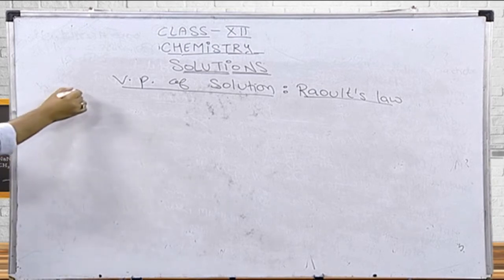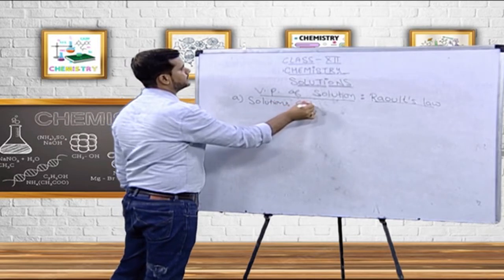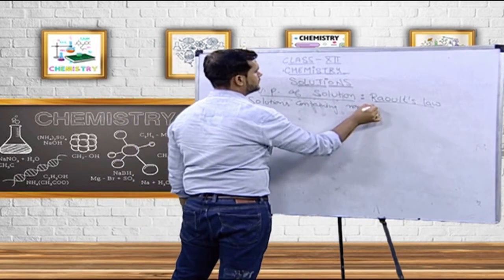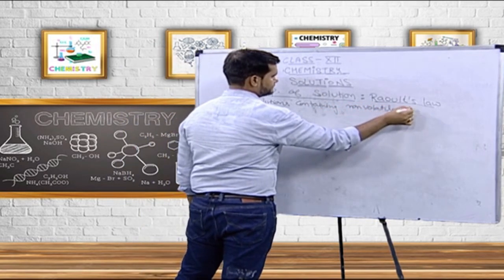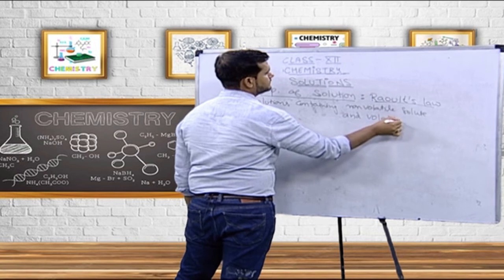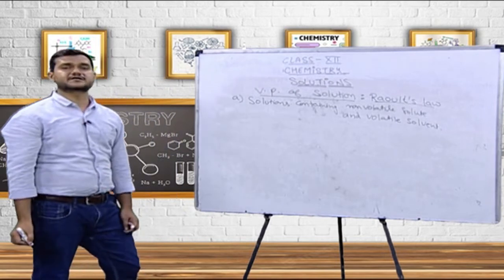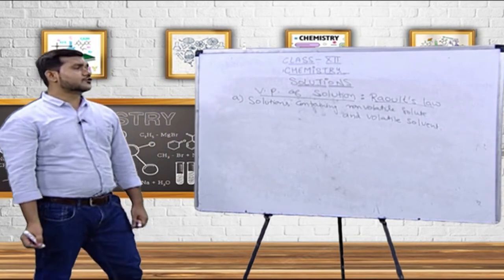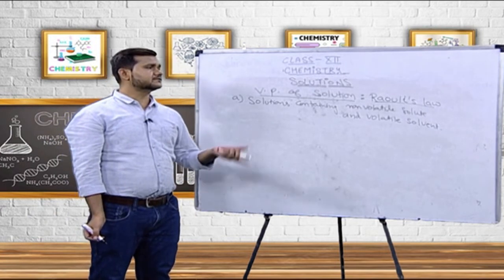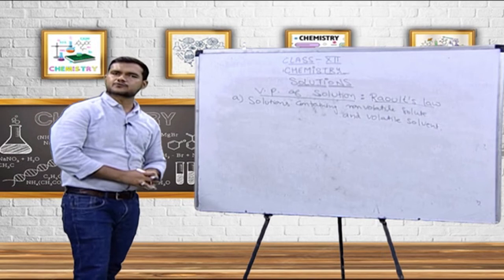We will study two types of solutions. First, solutions containing a non-volatile solute and a volatile solvent. What do we mean by volatile? Which can vaporize, which can evaporate. So we take a non-volatile solute like sugar or salt, which cannot evaporate or go into the air, and a volatile solvent like water or alcohol, which can evaporate.